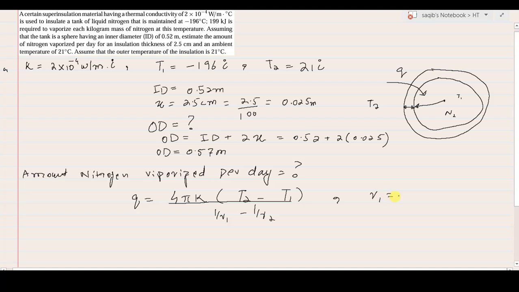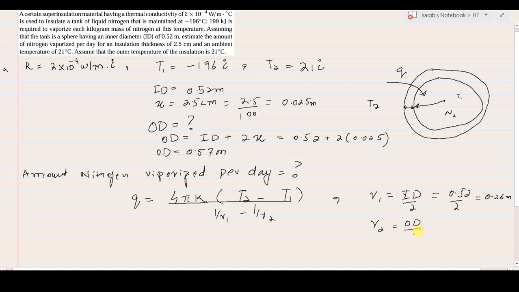So in this case, what is R1? The R1 value is the inside diameter divided by 2, that is 0.52 divided by 2, so you will get the R1 value, 0.26 meter. Now what is R2?